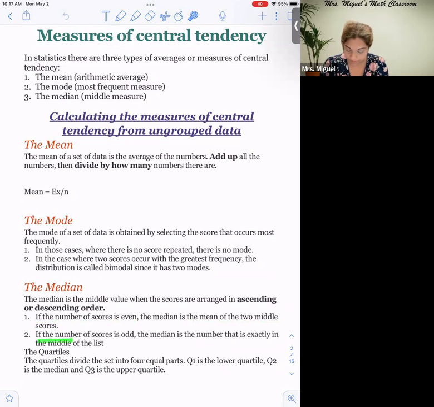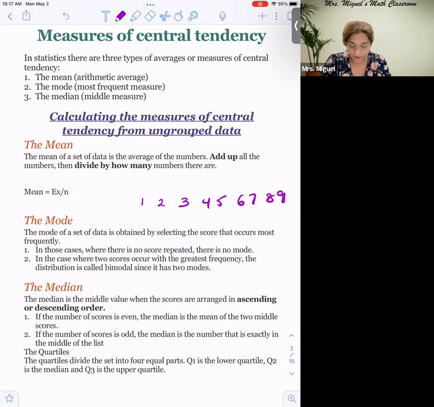And if the number of scores is odd, the median is exactly in the middle of the list, meaning that there's one value where there is a set of numbers to the right and a set of numbers to the left, and it's the same amount. So if we have 9 values, let me show you what I mean. If we have 9 values, let's just write some random numbers. This is an odd set of data because 9 is odd.